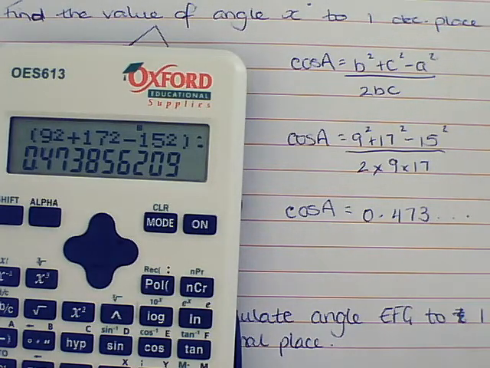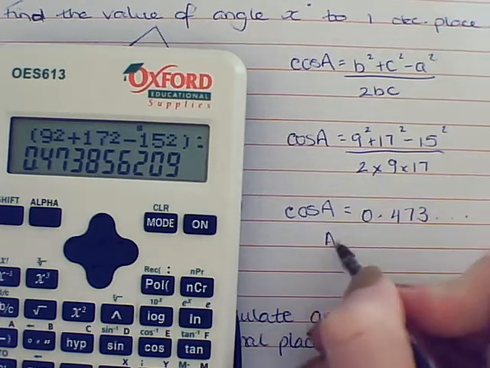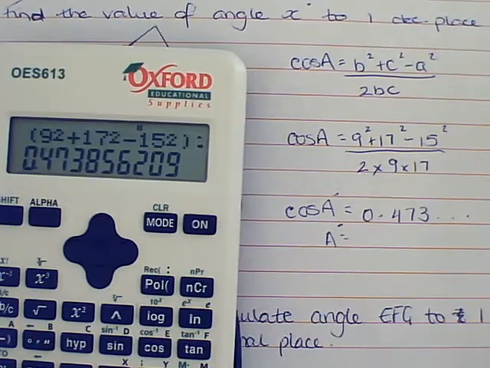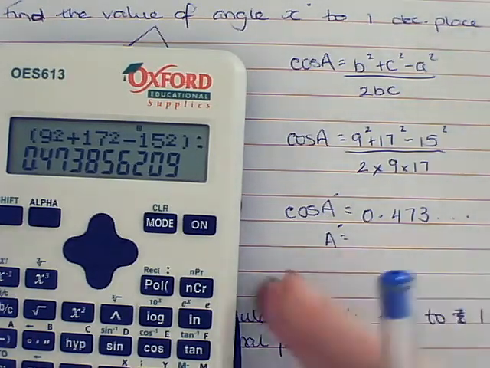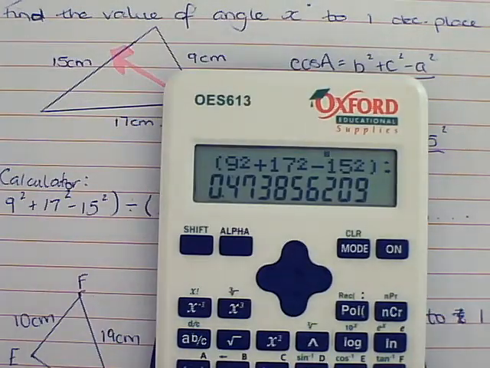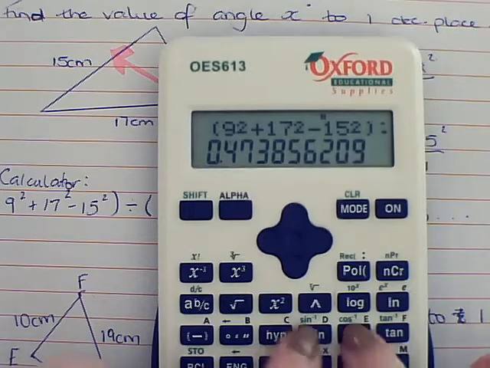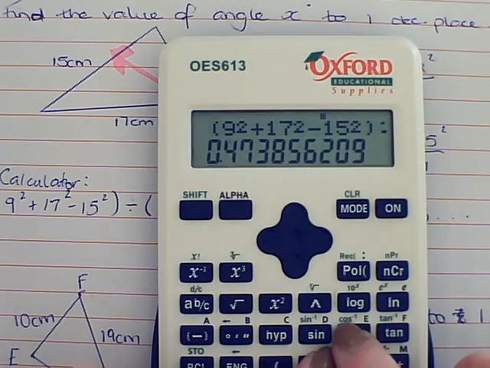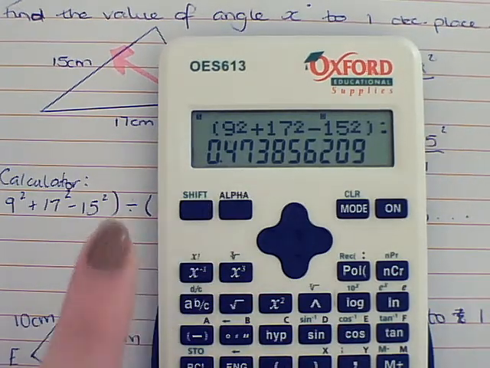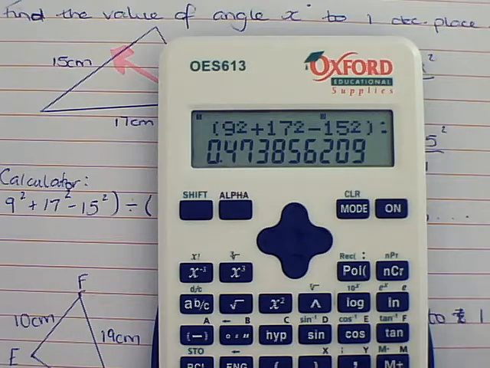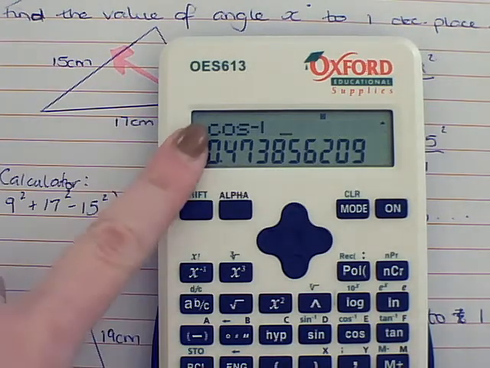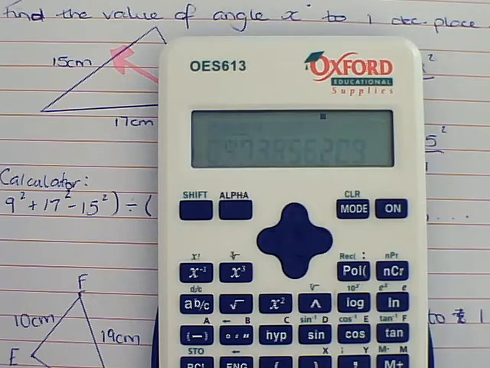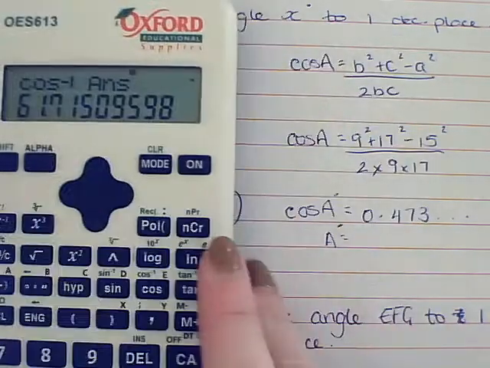The next part is we want A, because A is the angle, but we've got cos A, so I need to undo that cos, and hopefully you remember we do the cos inverse. So that cos button, there's that wee green cos inverse, so we're going to push shift, or yours might be second function, cos, and it should come up like that, and then I'm just going to hit equals, and that's my angle.